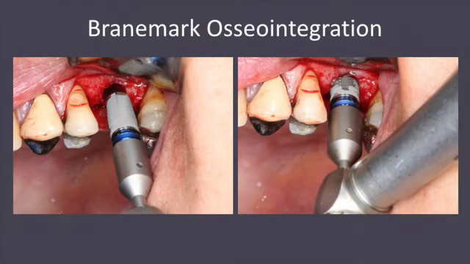The second class of operation is that of osseointegration. Placement of dental implants has been a very successful and commonly performed procedure for a number of years. The theory in which it works is well documented in many textbooks and in the literature.